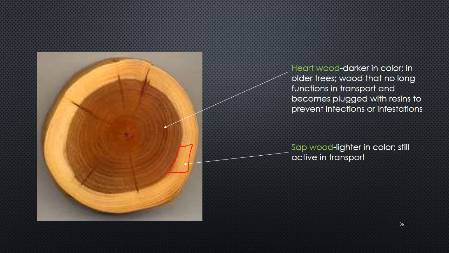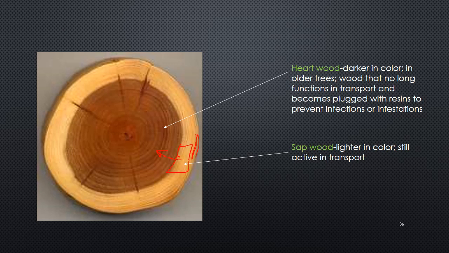As a tree gets older, and that same sapwood, as we start putting more and more layers towards the outside here, this sapwood would look like that on the inside. And that darker part here is what we call the heartwood. And in older trees, that's wood that's no longer functioning in transport.